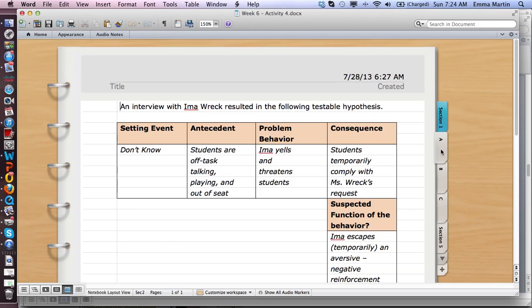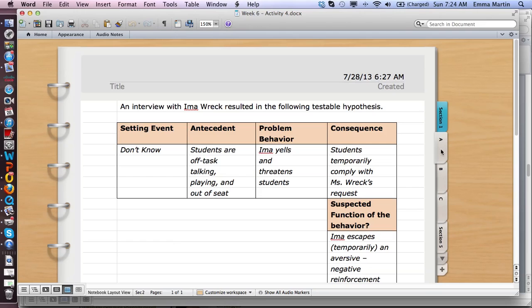Typically what would happen is she would give students an assigned task to do. They would be off task, talking, playing, out of their seat, and Ima would yell and threaten students. And when I say yell, that's what I mean. She had a loud voice. You could hear her in my classroom next door through the walls.